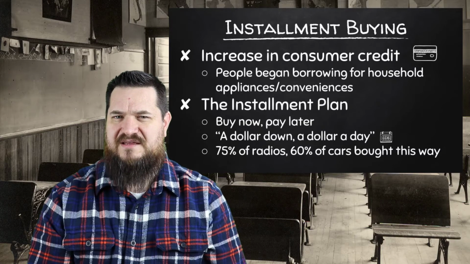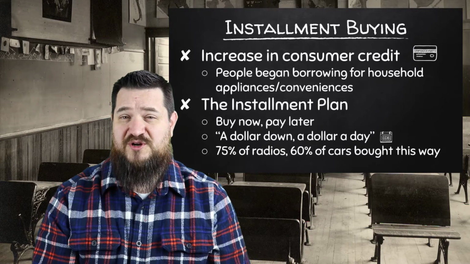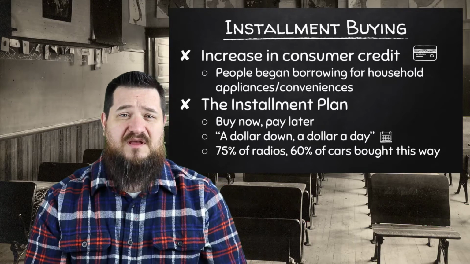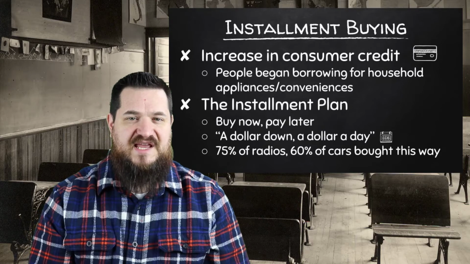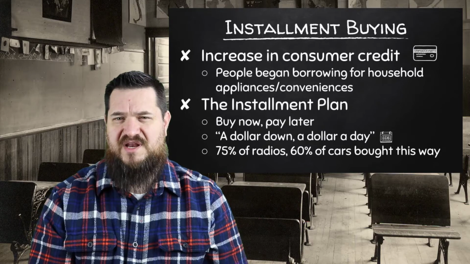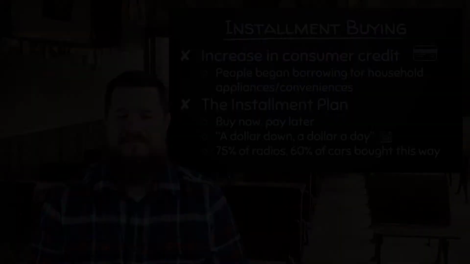Does that sound a little bit familiar? Think about today. Think about how people buy things today. It's pretty rare that we save up and pay cash for something. Typically, we take out a loan, we pay a little bit at a time, even if it's on something as simple as a credit card. And this idea of consumer credit or buying on installments was something that was very, very public, even in advertising of the day.